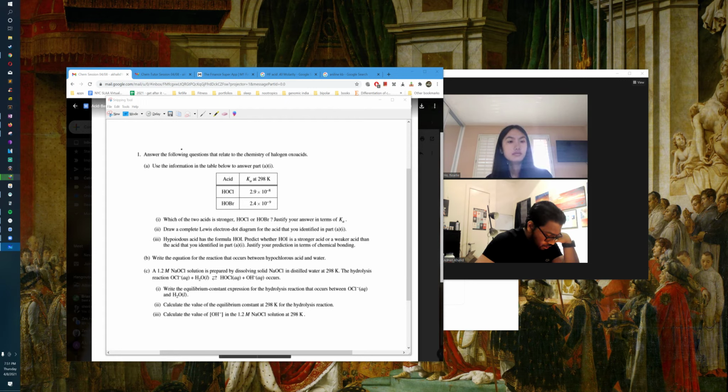Okay, Roman numeral 2, Lewis electron dot diagram for the acid that you identified in that. So you remember these, right? Yeah. So it'll look like this. Yeah, it'll look just like that.